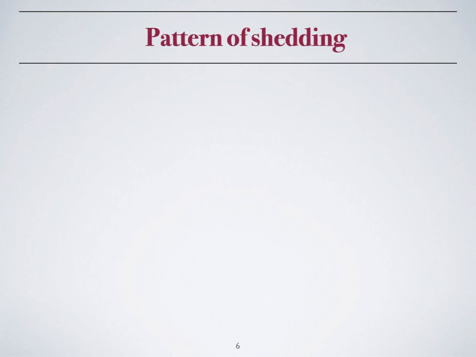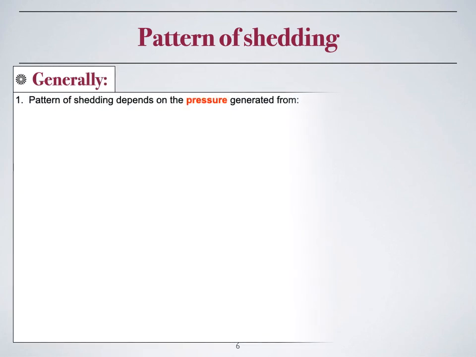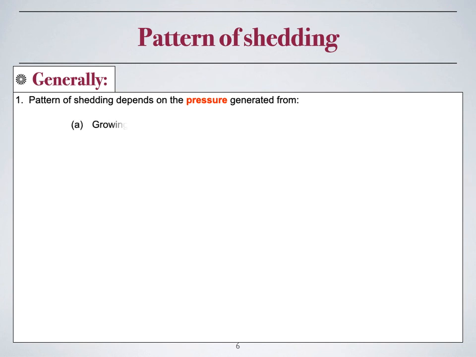Pattern of shedding. Pattern of shedding from a general view depends on the pressure generated from, number one, the permanent successor, number two, trauma from masticatory force.